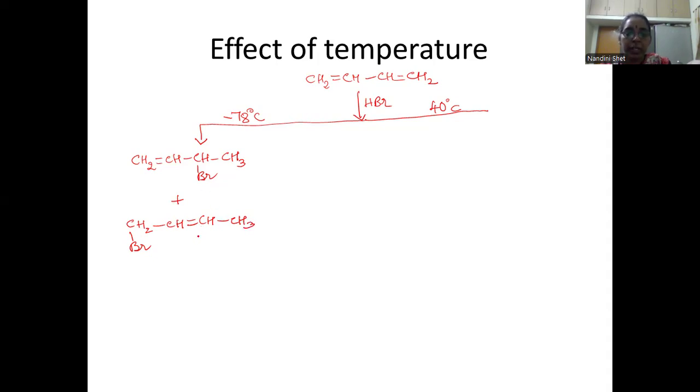Okay, this mixture is there, but since the temperature is low, this is major product.